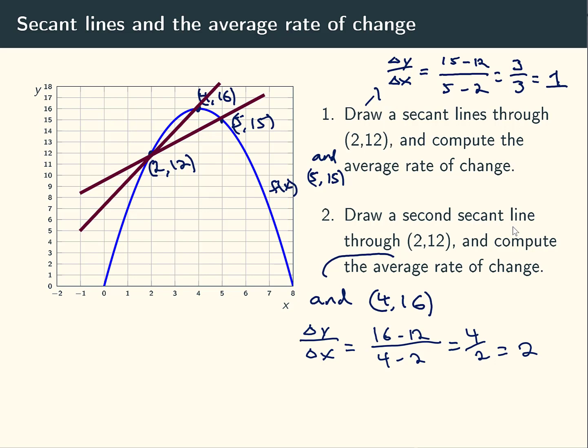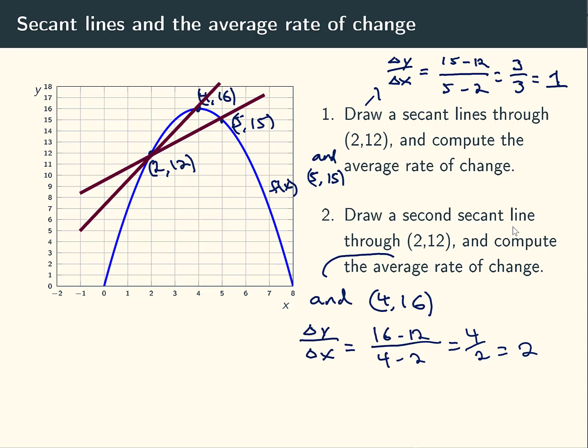So we drew the second secant. Notice that I drew the second secant in a very deliberate fashion. I drew it so that it also crossed the same coordinates where we're interested in finding the instantaneous rate of change. We're looking at where the tangent line is. Remember, the tangent line intersected the function at coordinates 2, 12.